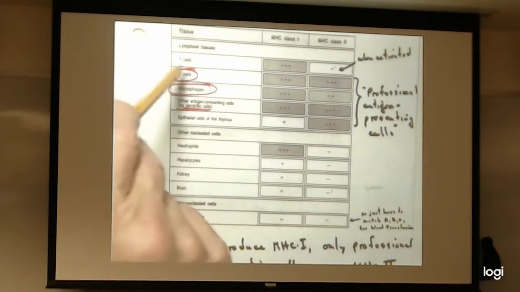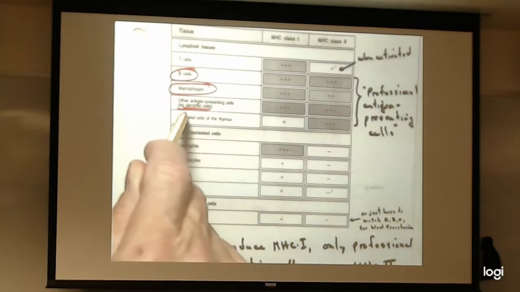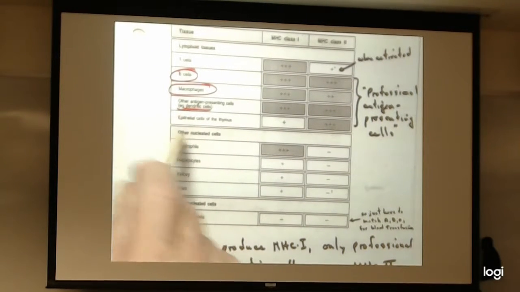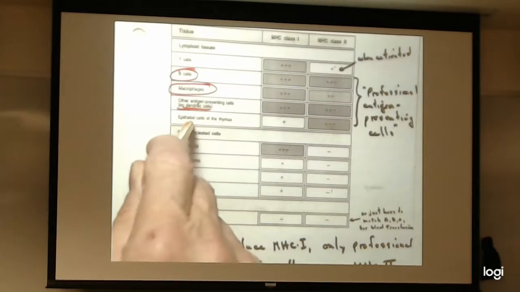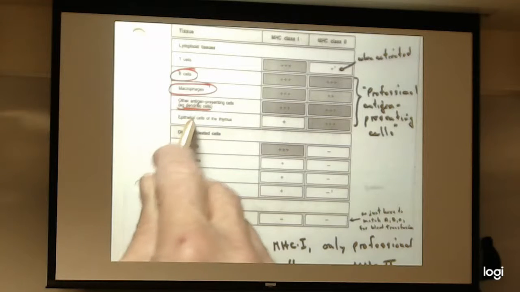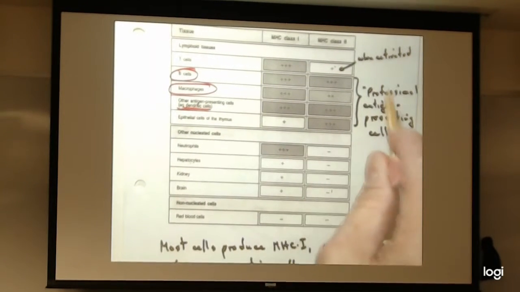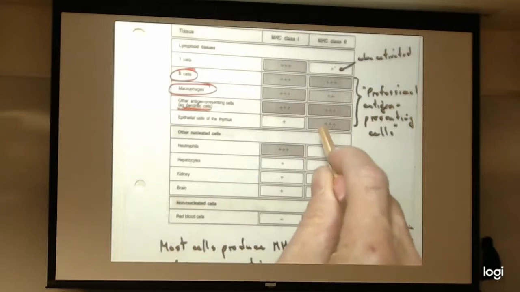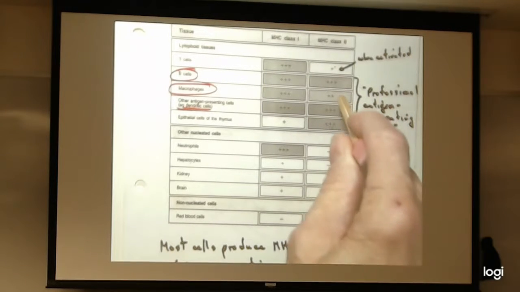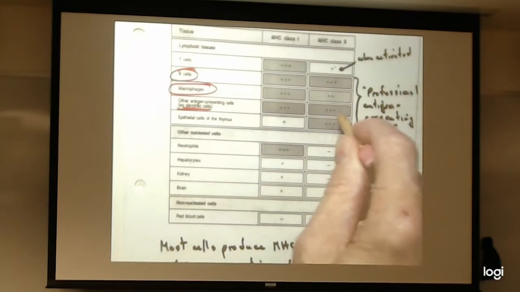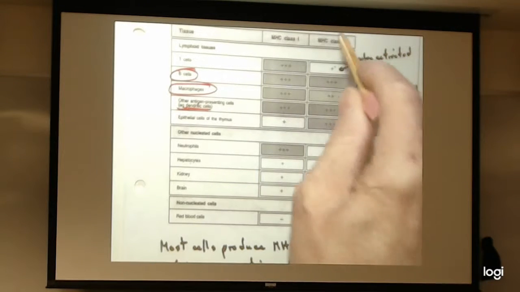Here are the professional antigen presenting cells. There are also, I haven't talked about this, special cells in the thymus where the T cells grow up, but they also function as professional antigen presenting cells. Broadly speaking, it's B cells, macrophages, and dendritic cells. These are the big main guys that present class 2 molecules.